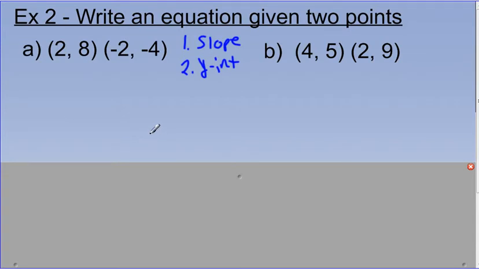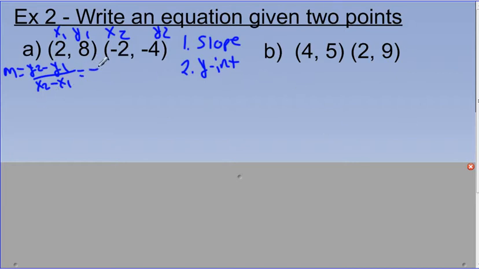Okay, so let's see here. Well, we've got x1, y1, x2, y2. So in my equation for the slope, m equals y2 minus y1 over x2 minus x1. Yes, I'm writing a little small because it's going to take up a bit of space. In fact, I'm probably going to have to go over here and erase some stuff. Let's see, y2 minus y1.